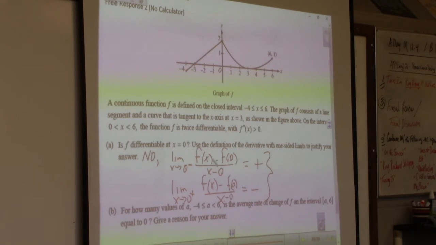Well, if the limit of the definition here doesn't exist, what do we know? The derivative doesn't exist. If the limit that defines the derivative doesn't exist, then the derivative doesn't exist.